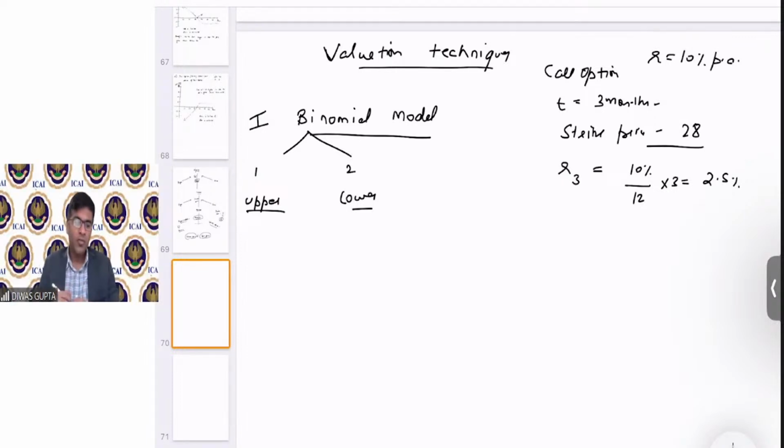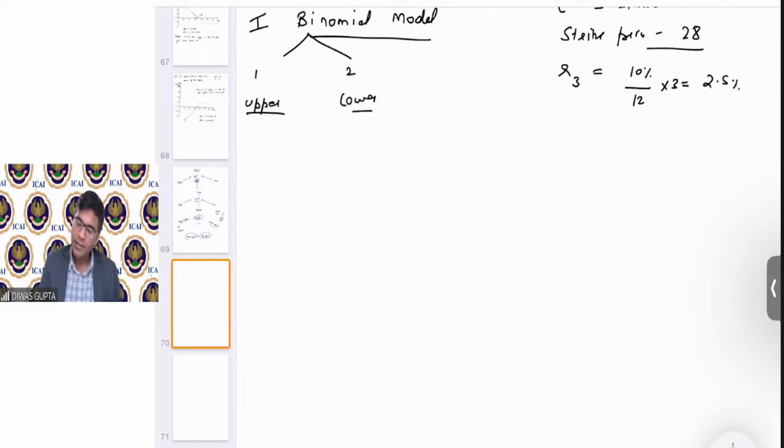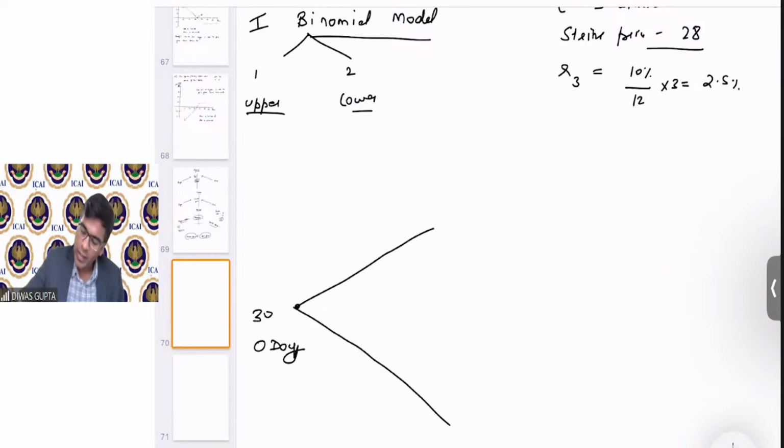Now, what does this model state? This model states, let's say today, which I'm referring to as 0th day, the share price is 30 rupees. So it says that there are only two possibilities, whether the price will go up or whether the price will go down.